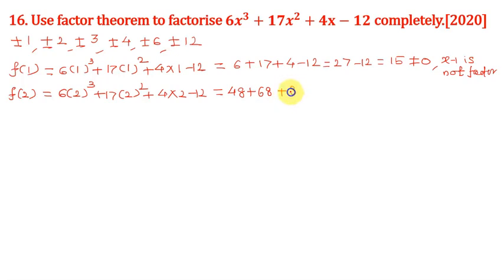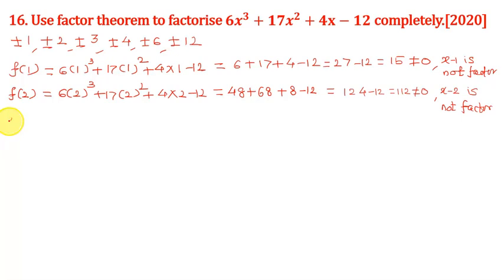Again here 8 minus 12. Overall you will have 48 plus 68 plus 8, that is 124 minus 12, and after subtraction that equals 112, which is not equal to 0. Hence x minus 2 is not a factor.